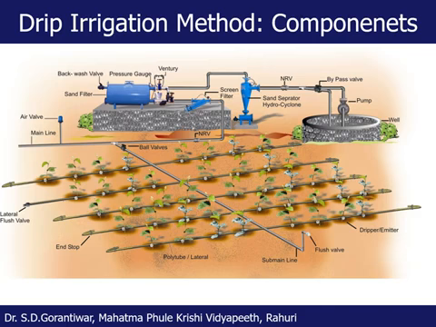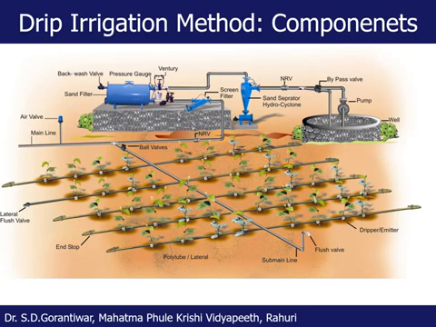So the pump should be able to produce the required pressure, which is necessary, say 3 kg or 30 meter in this case. And at the same time, the pump should be able to throw the required amount of water at the desired pressure. Say for example, here is the subunit, and in this subunit, say there are 1000 drippers.